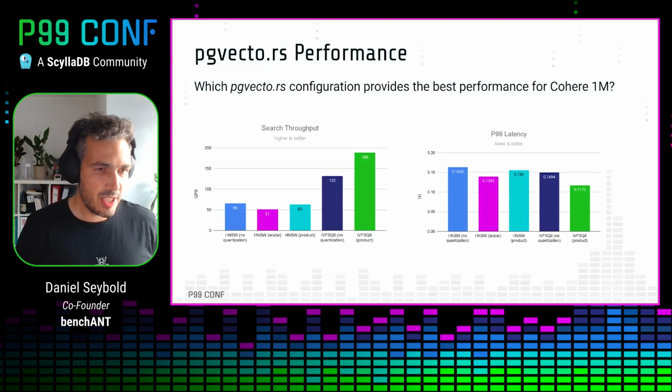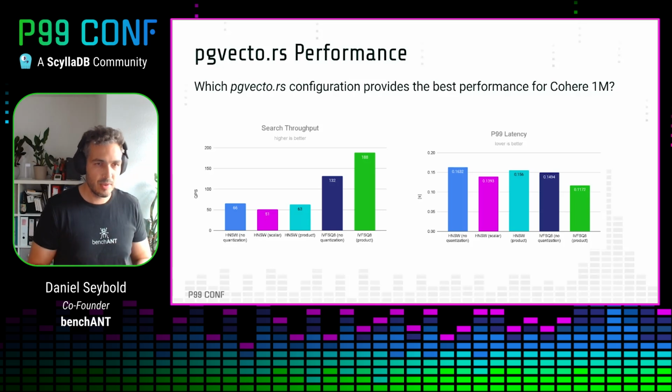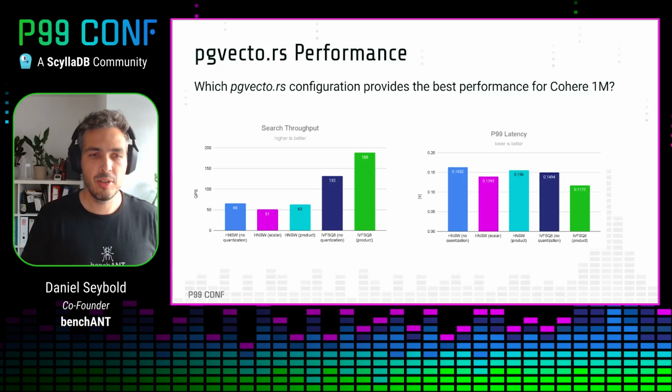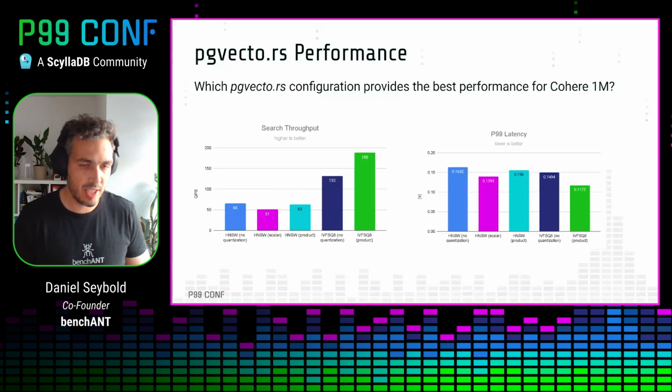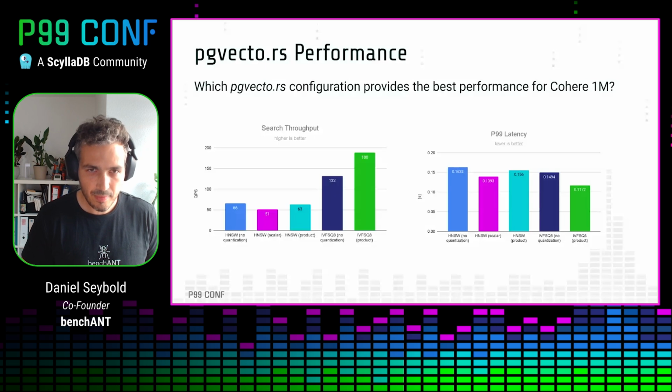In summary, we can see here the blue chart, which is HNSW with no quantization enabled, compared to the green chart with the IVFSQ8 index with quantization enabled. It's 3 times higher search throughput.